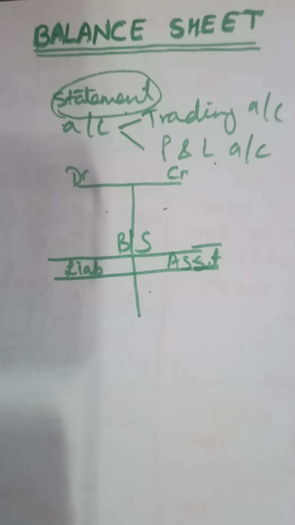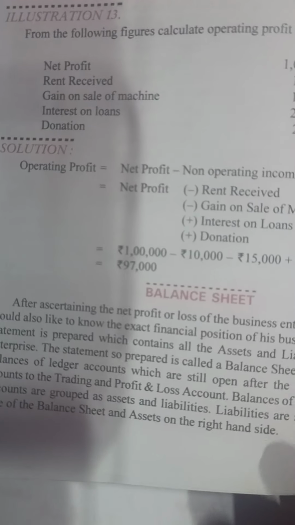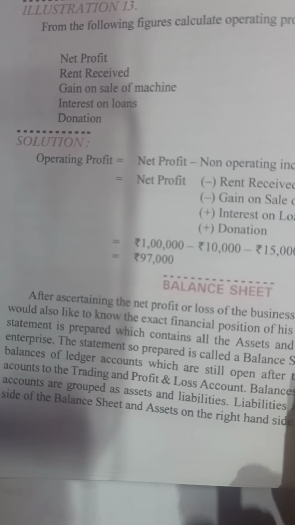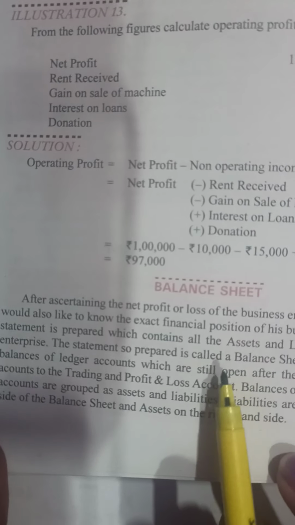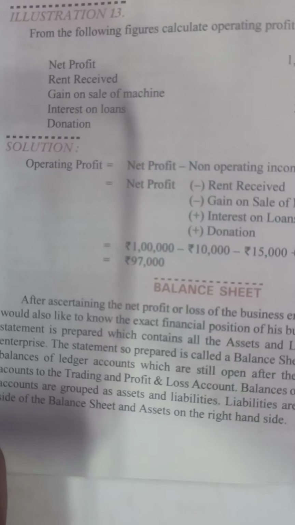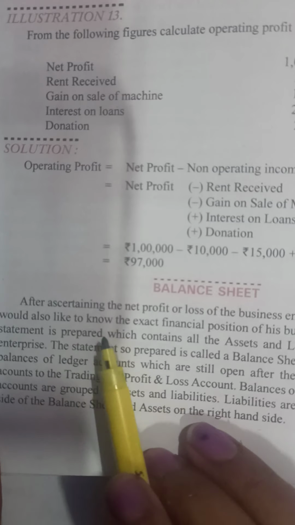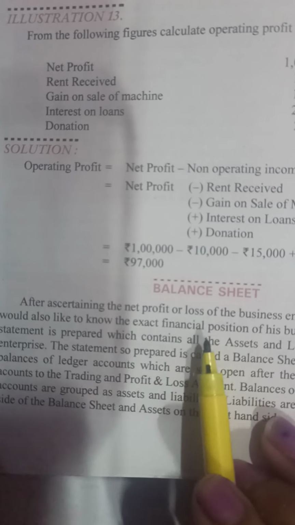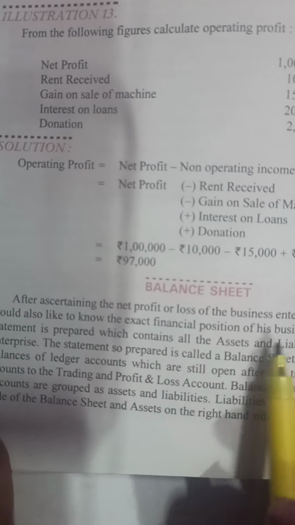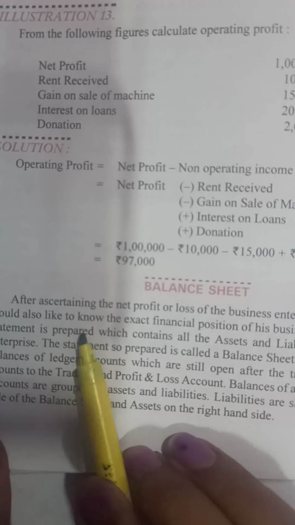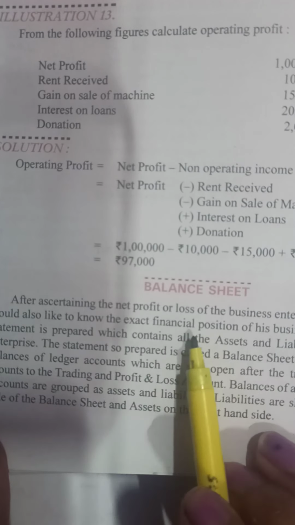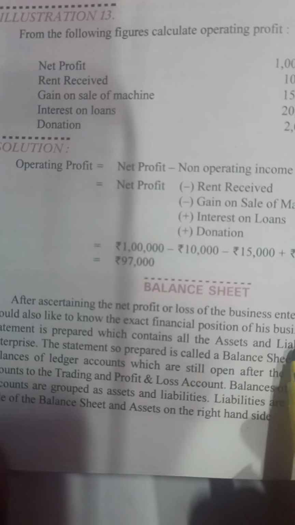Now let us proceed with the balance sheet from your textbook. Here in your textbook, girls, I'll follow. Please concentrate and read. After ascertaining the net profit or loss of the business enterprise, the businessman would also like to know the exact financial position of his business.